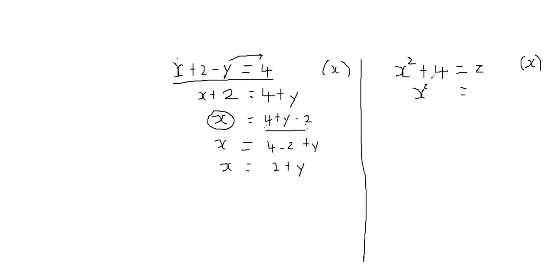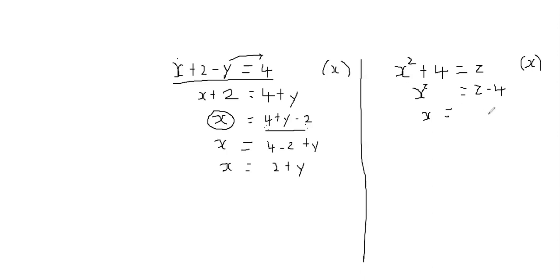This 4 is added, so it becomes negative: z minus 4. Then what is left over on this side is x squared. X is not the subject yet. You have to get rid of this square. When we take over the square, we always get the square root. So what do we square root?